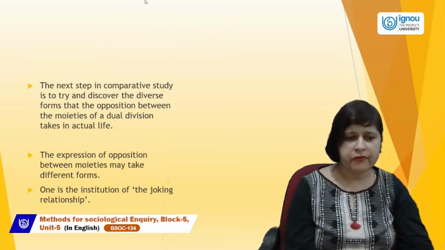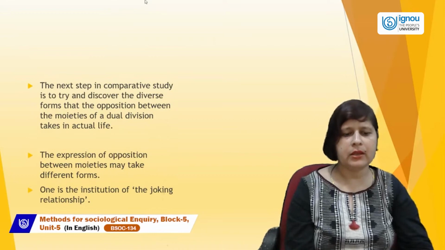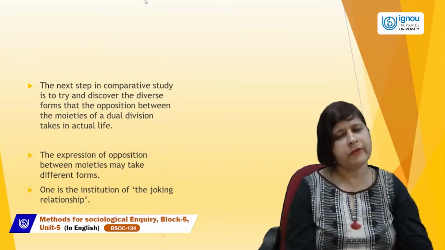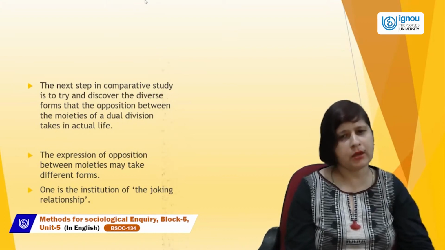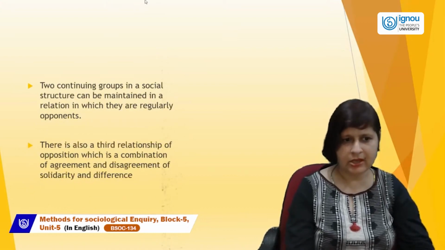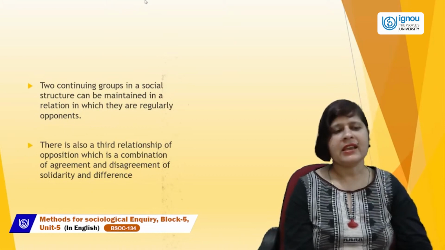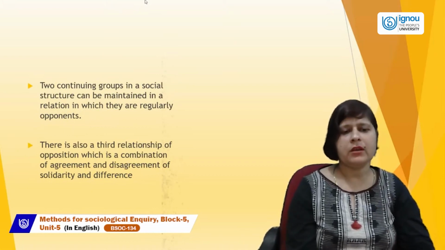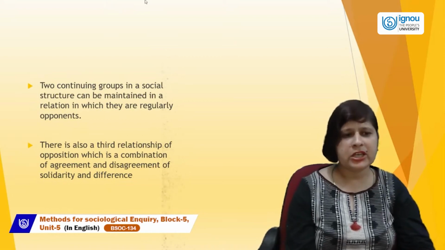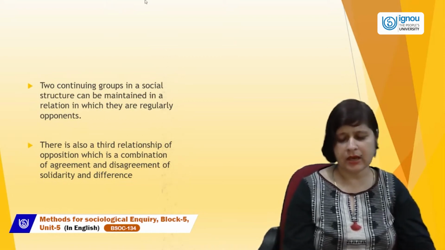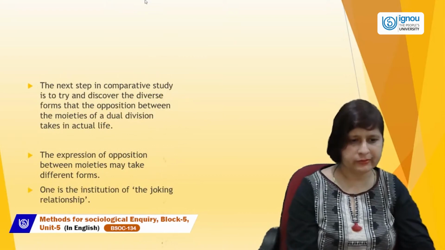The expression of opposition between the moieties may take different forms. One institution is the joking relationship, and the second is that two continuing groups in a social structure can be maintained in a relation in which they are regularly opponents.